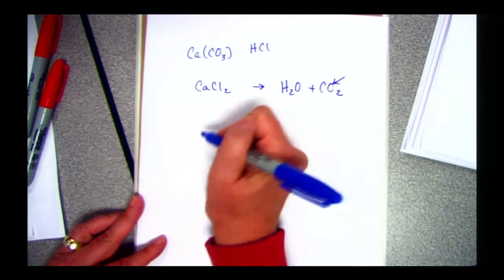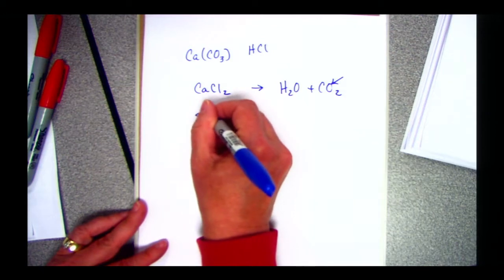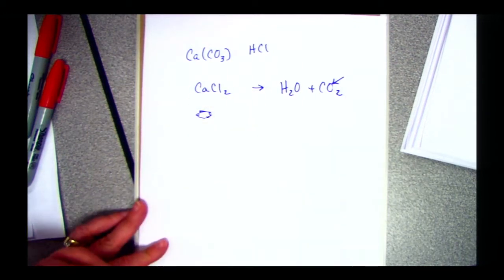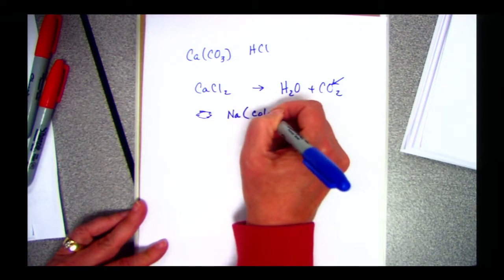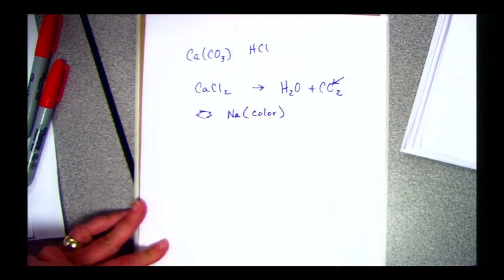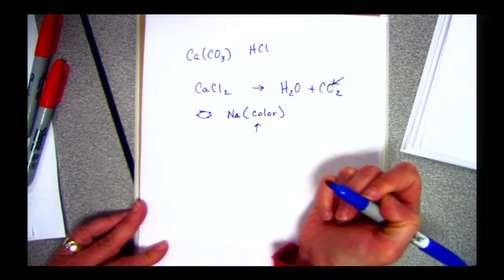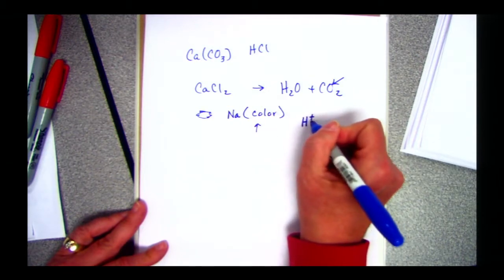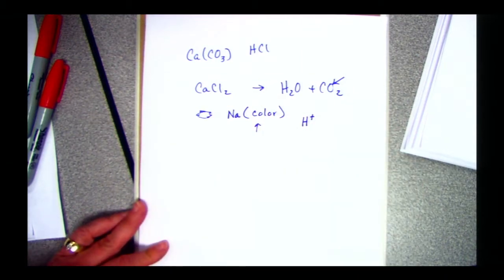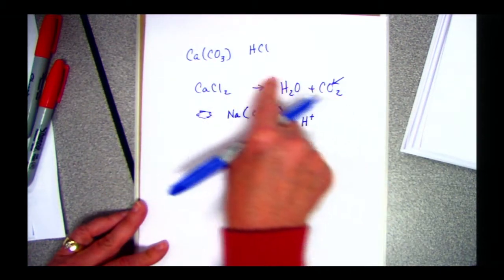Well, what happens in your Easter eggs? Let's take that little red pellet that I got. It's a sodium, whatever the color anion is. What's going to happen when we put that and disassociate it in our water, we want to make sure we have lots of extra lovely little hydrogen protons floating around in order to get this reaction to go on the shell.